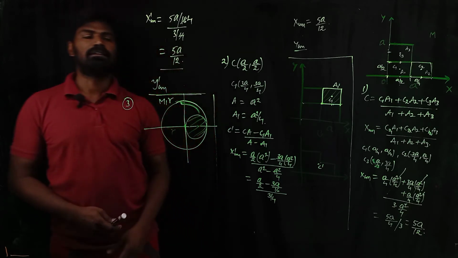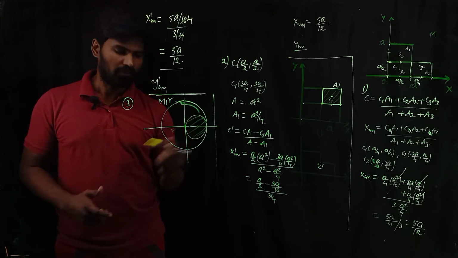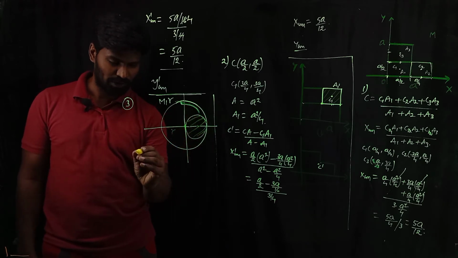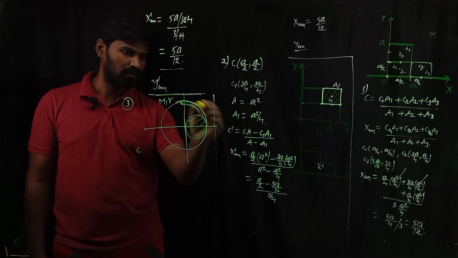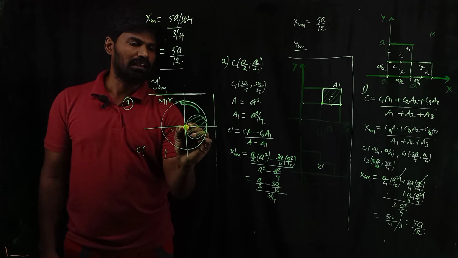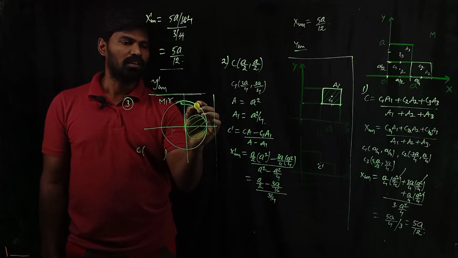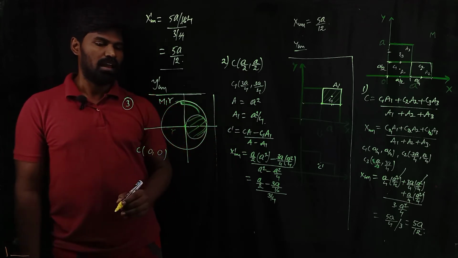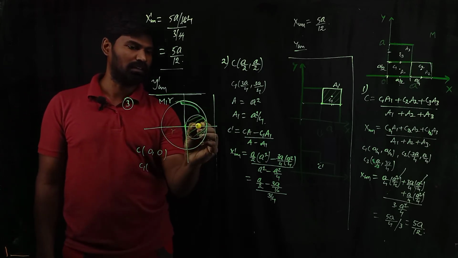Now I want to calculate the location of the center of mass of this configuration after removing. I am using the same method. By symmetry, first you should find the center of mass of the complete disk. Taking the origin at the center of the circle, the initial coordinates of the center of mass of this disk are 0 and 0 only. And what are the coordinates of the portion which I am eliminating? That is C1.